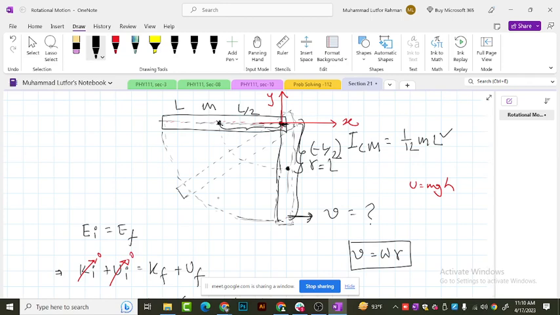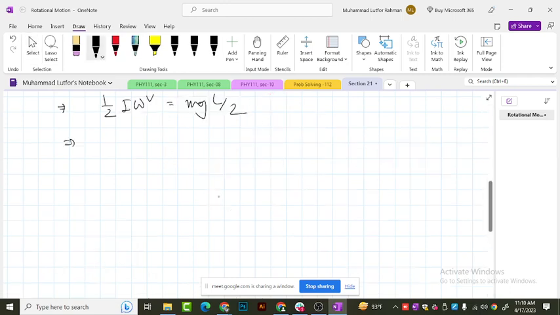But I gave you the moment of inertia of a system about the center of mass. So I have to use the parallel axis theorem. I know that it should be 1/3 mL square, but if you forget about it, you can use the parallel axis theorem, which says that the moment of inertia about any axis should be ICM plus md square.